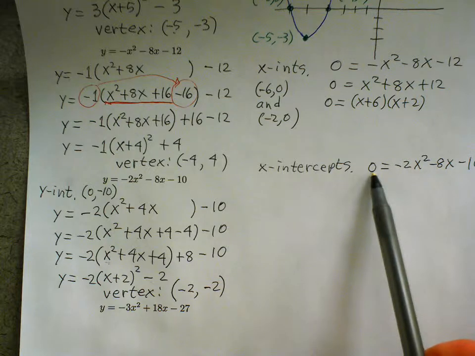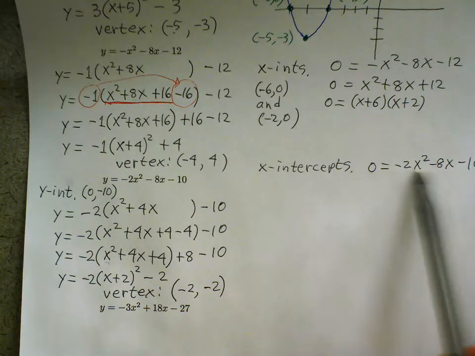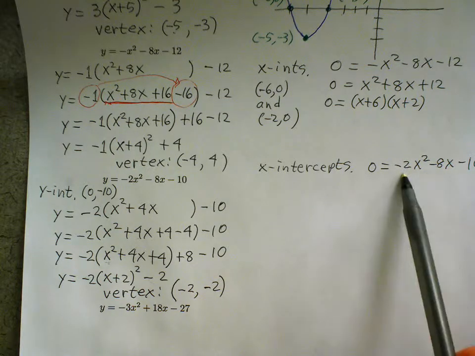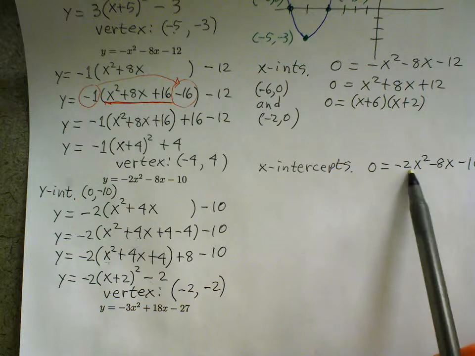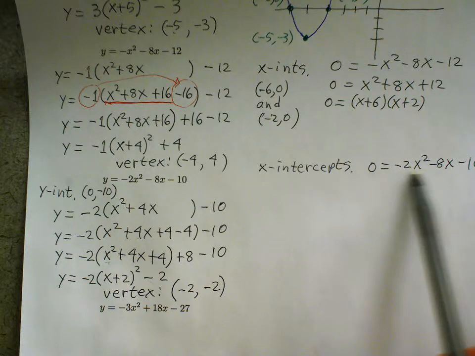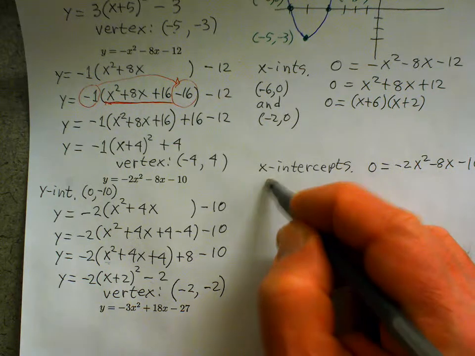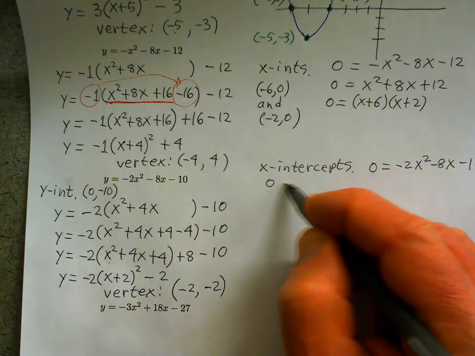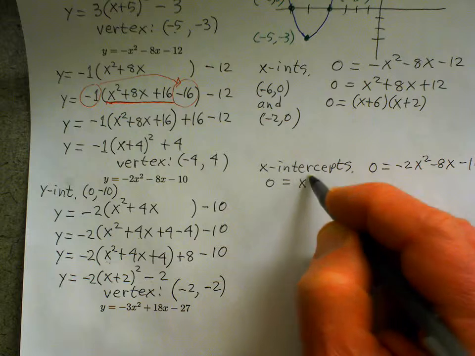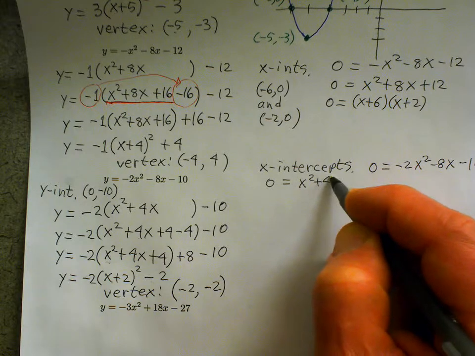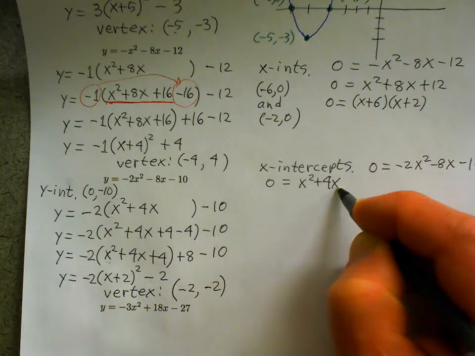We are permitted to divide every term on both sides by -2. It's not required, but it will probably make the arithmetic simpler. So divide every term on both sides by -2. 0 divided by -2 is 0. And on the right-hand side, x squared plus 4x plus 5.